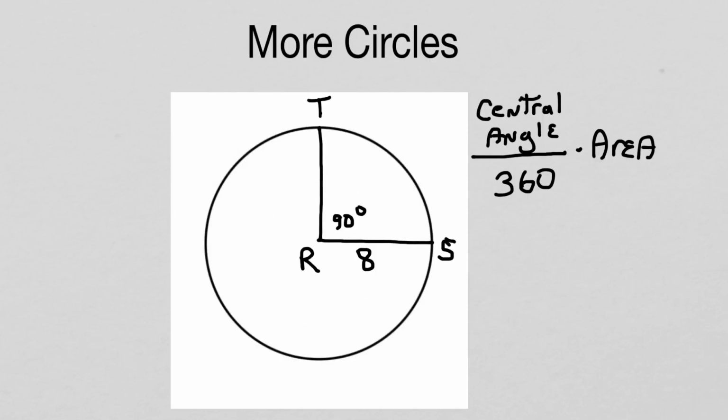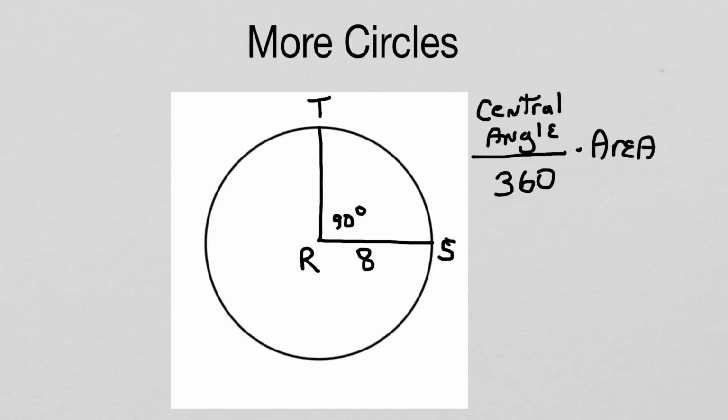All right, here we've got an angle. It's a 90-degree angle, and it's a sector. It's got a radius of 8, and like all right angles, it's 90 degrees. So the formula for figuring out the area of a sector is central angle divided by 360 times area.